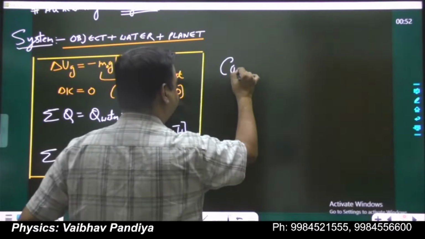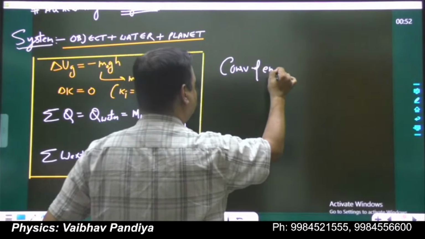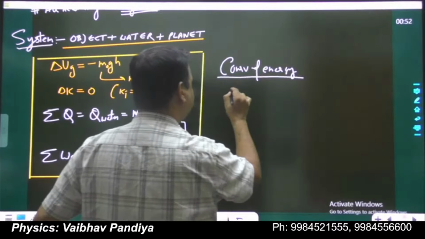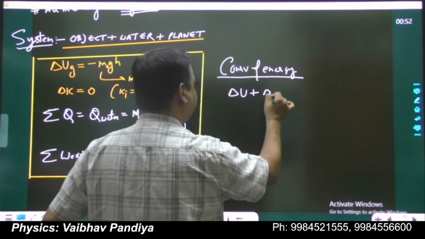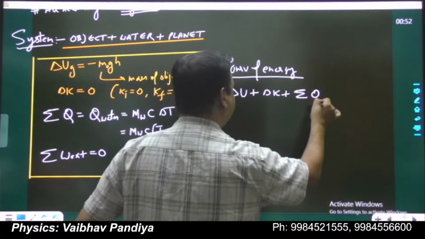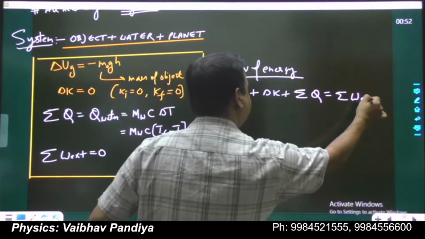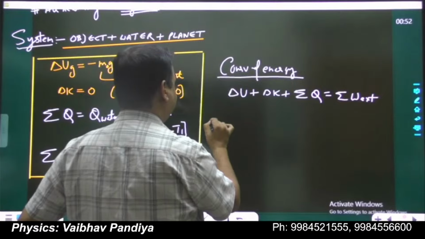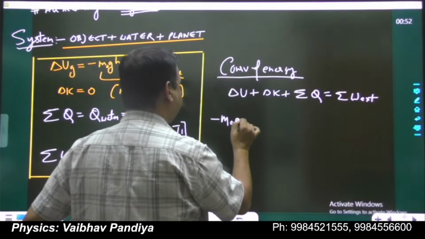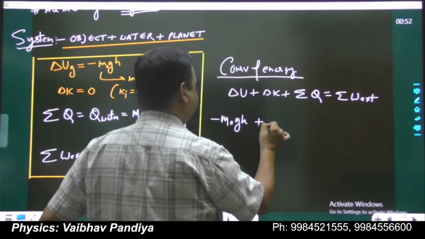So by conservation of energy, you will get change in potential, change in kinetic, plus the net heat absorbed by all the components of the system is the total work done by the external agents. So delta U is minus mass of the object, g, h, and delta K is 0. And this is what?